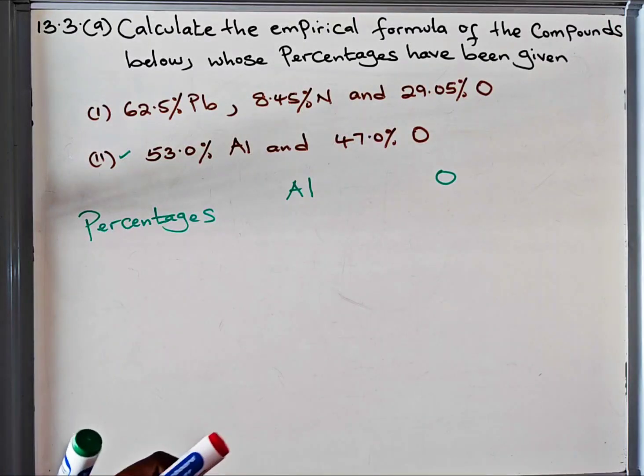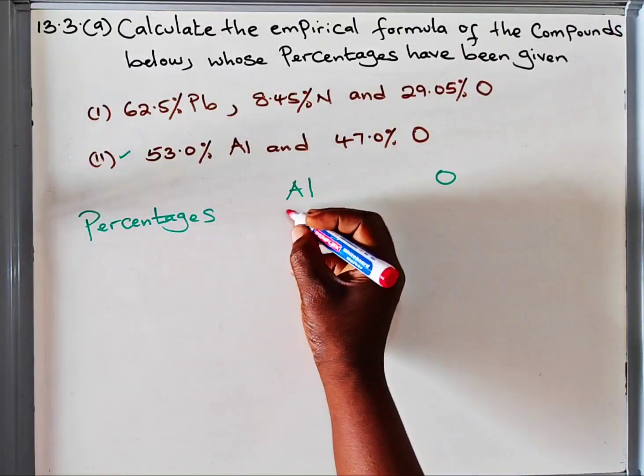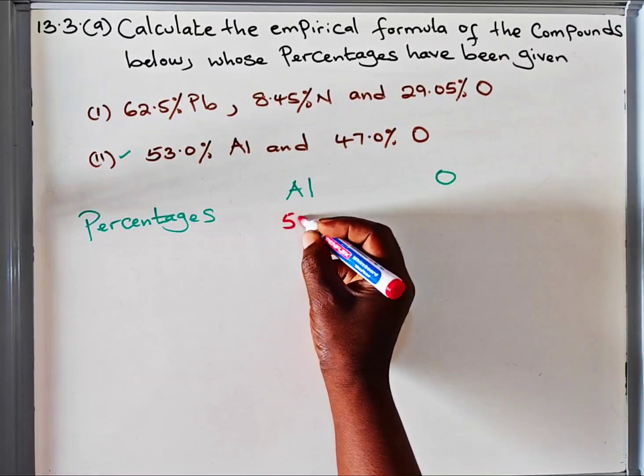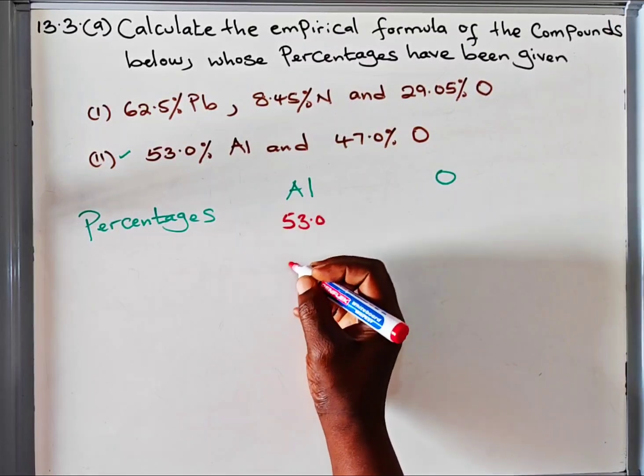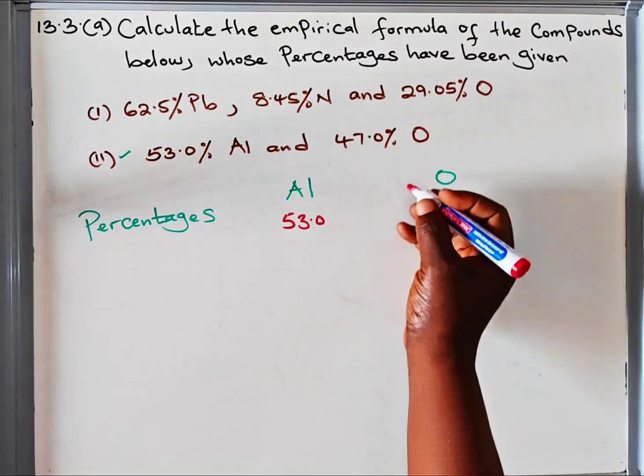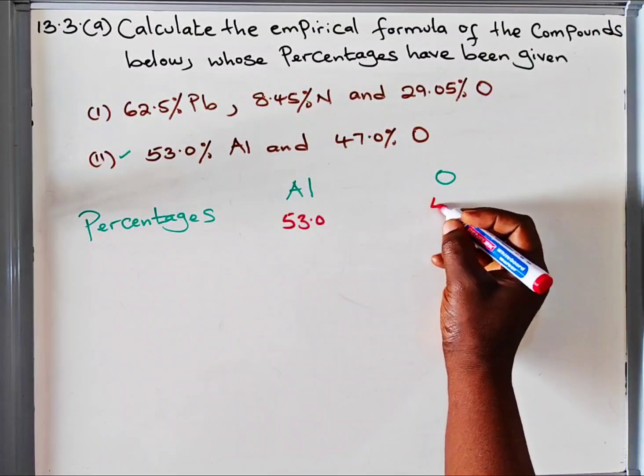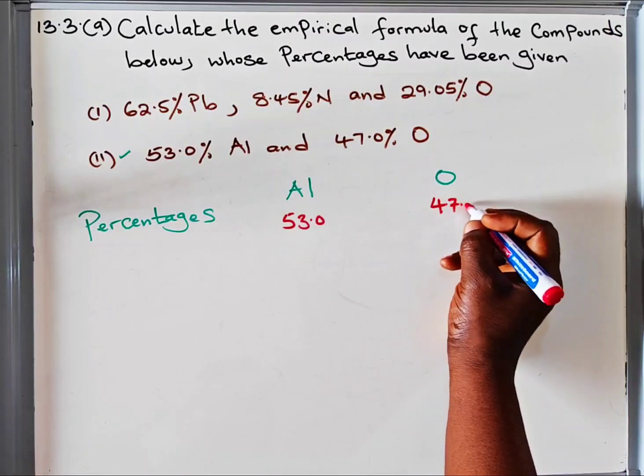The percentage for aluminium is 53.0, meanwhile that for oxygen is 47.0.